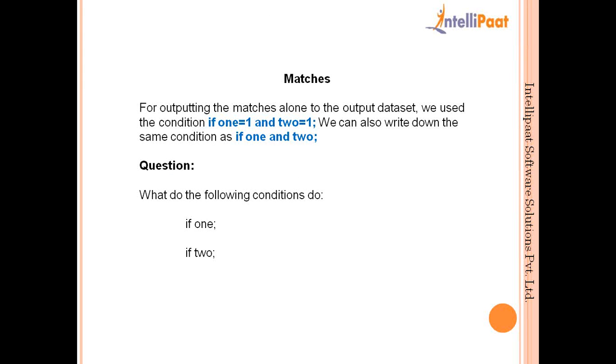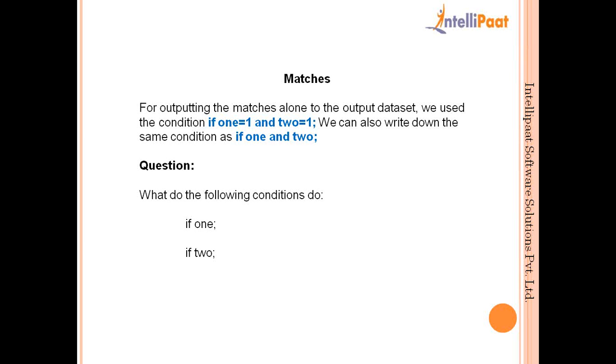Okay, now let's move and talk about matches, which we have been discussing a lot from the beginning. For outputting the matches alone to the output data set, we use the condition if 1 is equal to 1 and 2 is equal to 2.